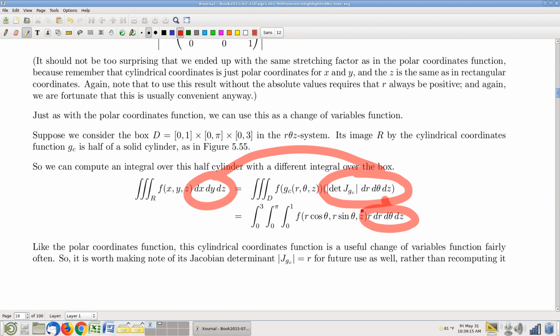So again, I urge you, don't just write down dr d theta dz first because you know it's going to be there. Big mistake. You put yourself in a situation where you're very likely to inadvertently forget your stretching factor. Don't ever write down dr d theta dz by themselves. It's never relevant outside of there also being an r there. So write down r dr d theta dz all at once.